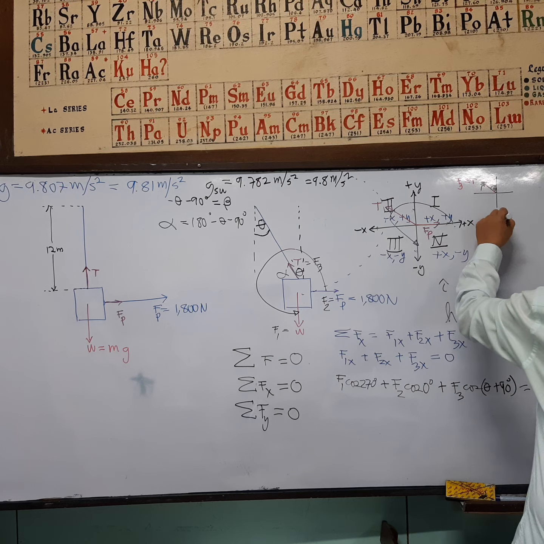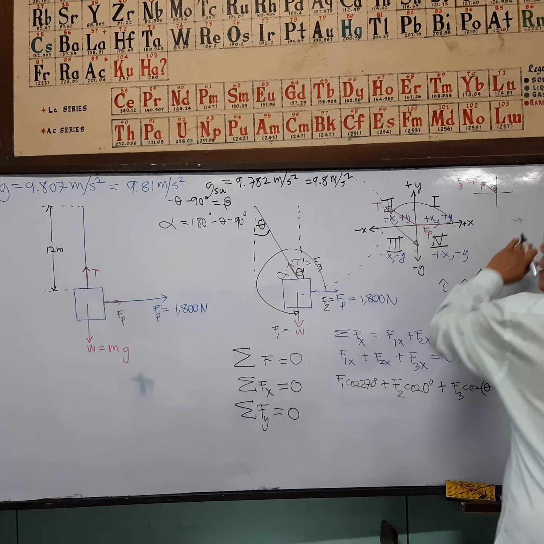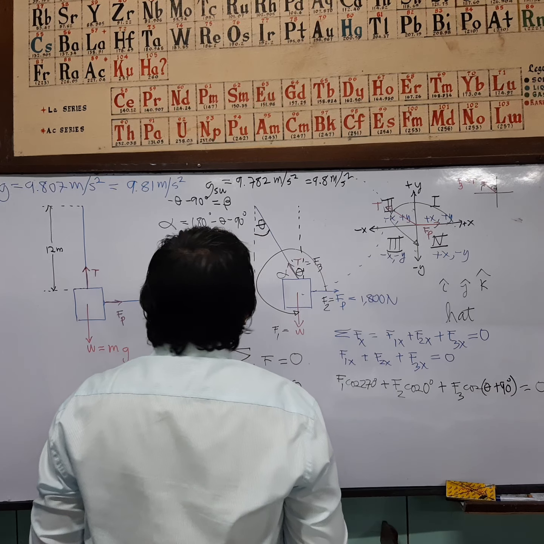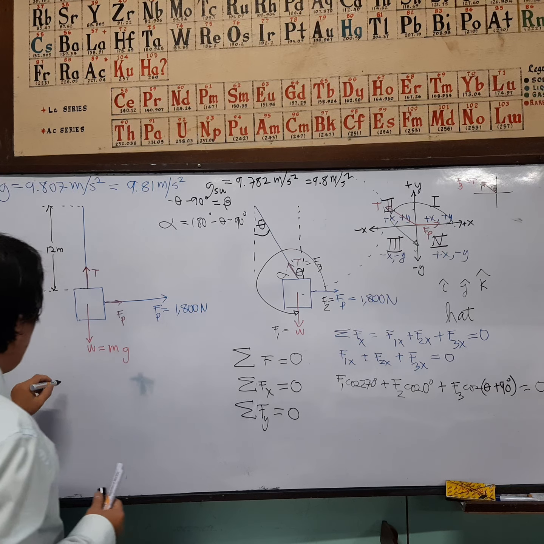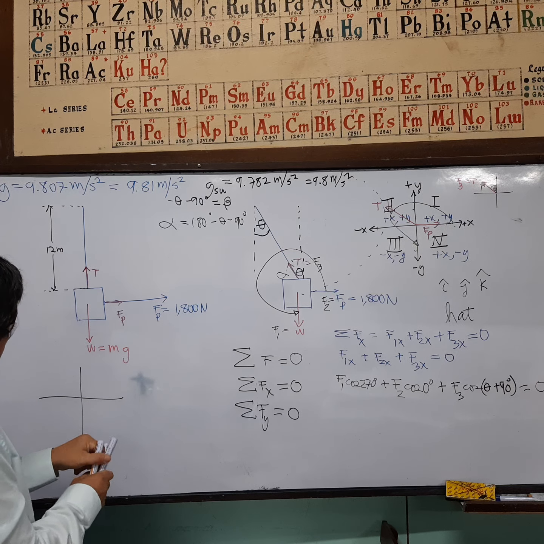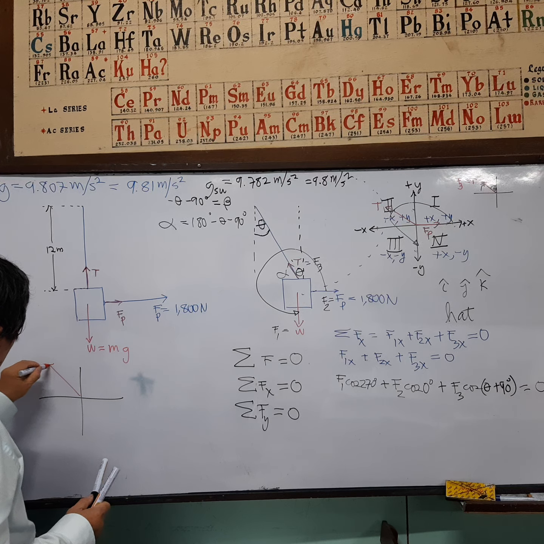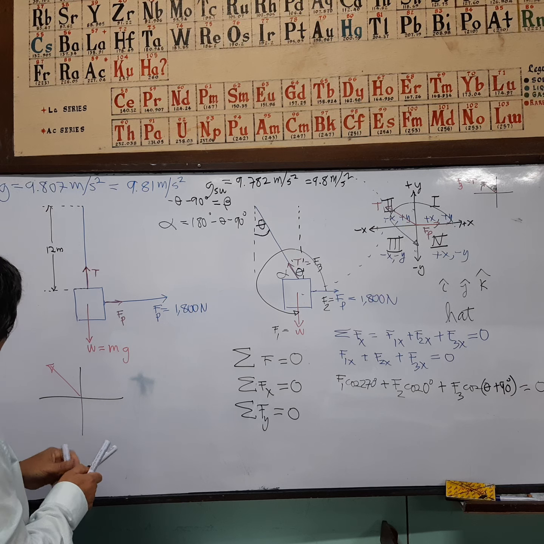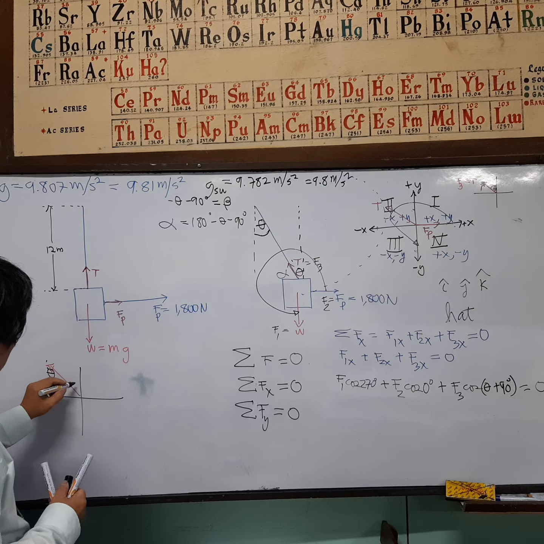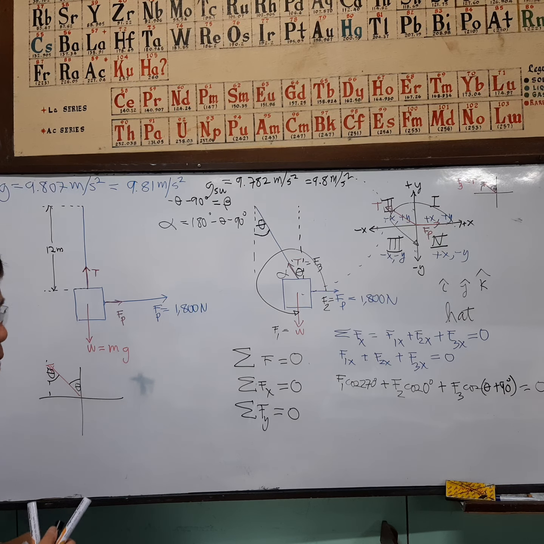Our F sub 2, oh, you cannot see this one anymore. I will be here. This is our tension. If this is theta, then this one is theta too. They are equal.